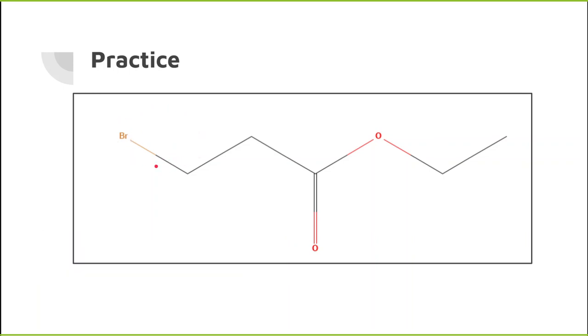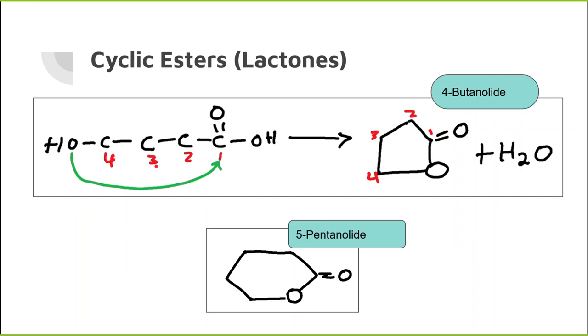By the way, I want to look back at this thing for a second. The reason for the 4-butanolide is because that oxygen could be here. That's still an RCOOR. So you could have a 2-butanolide and a 4-butanolide. Does that make sense? That does. Thank you so much.